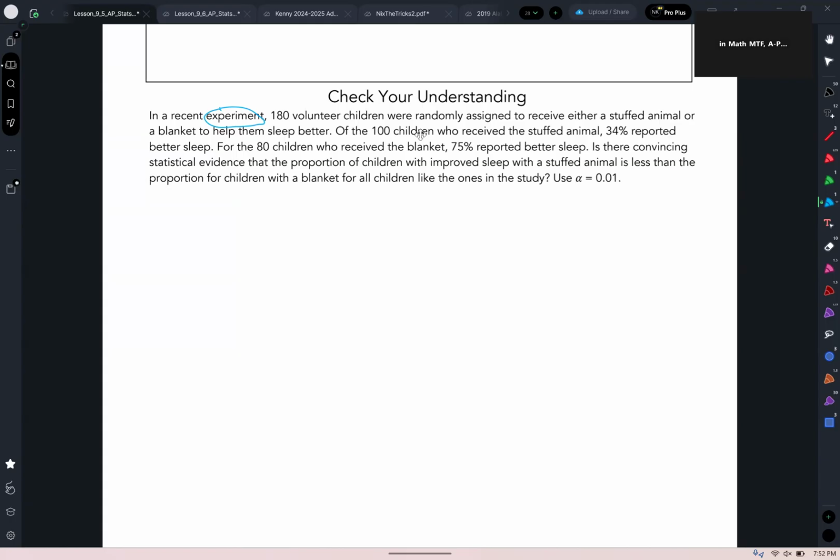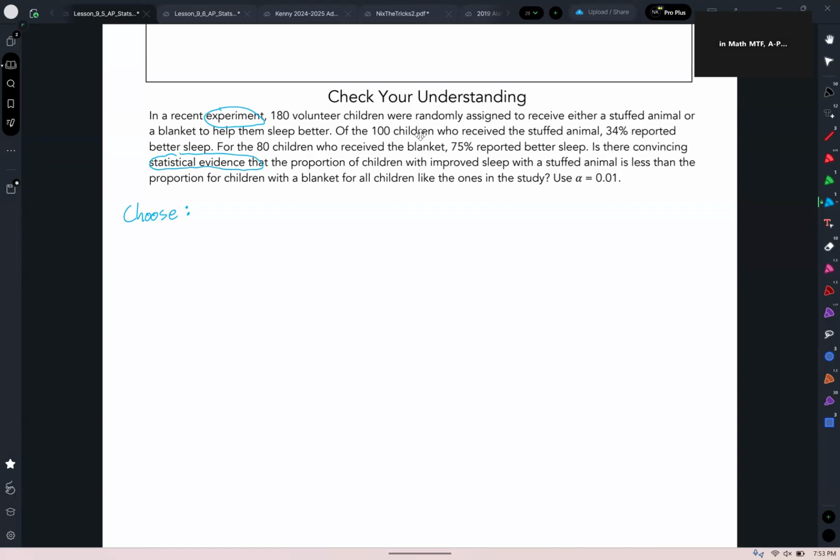All right, so I'm going to start with my big things first. We know we need to choose a procedure. Well, I'm looking at this and I see two proportions going on. And I know that I'm looking for statistical evidence.